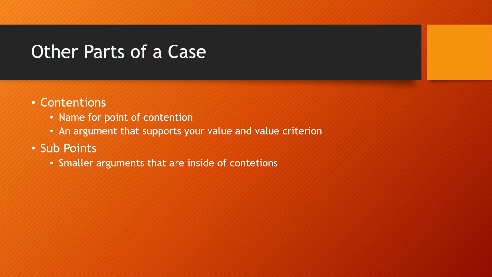Well, her contention that smoking causes cancer, her subpoints that smoking causes lung cancer and it causes throat cancer, all link back to the value of health, because they explain that cancer isn't healthy, smoking causes cancer, thus smoking is not healthy, so you shouldn't smoke. And this explains how her value criterion achieves her value of health.